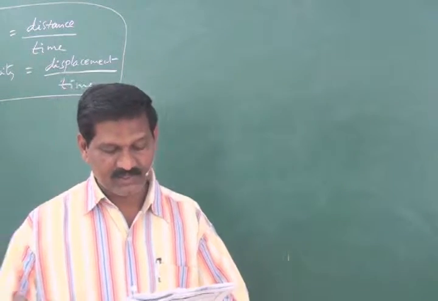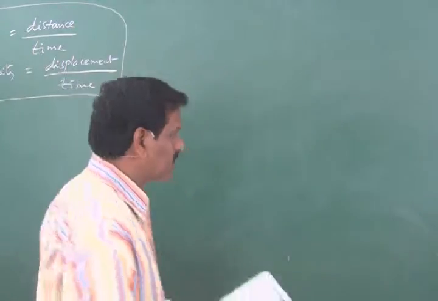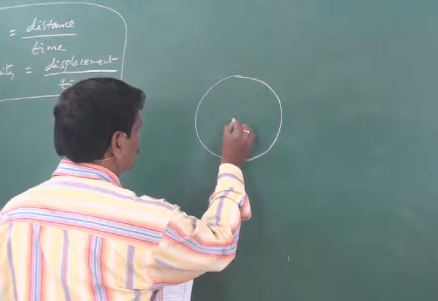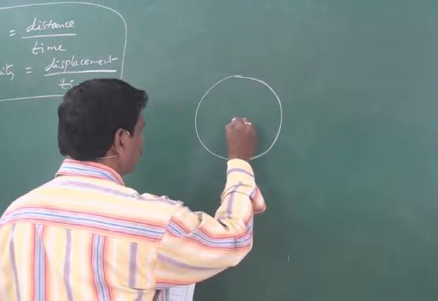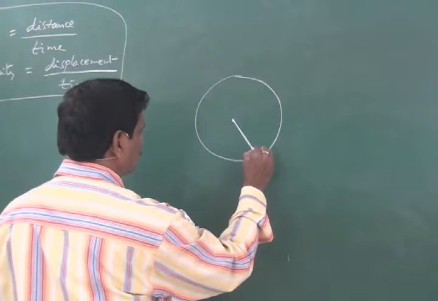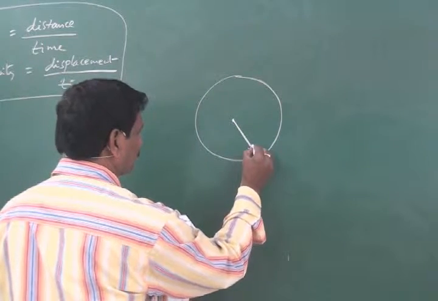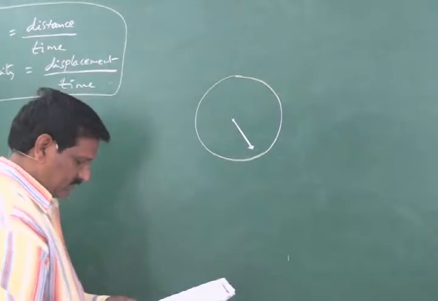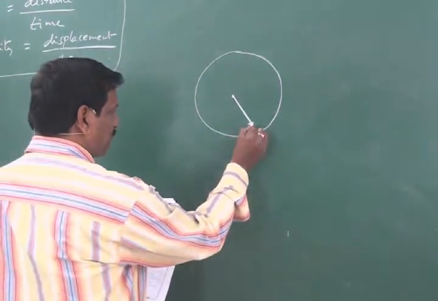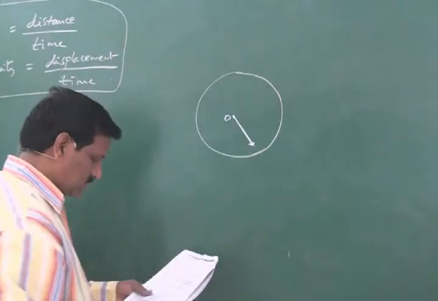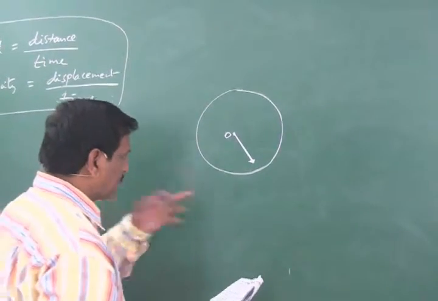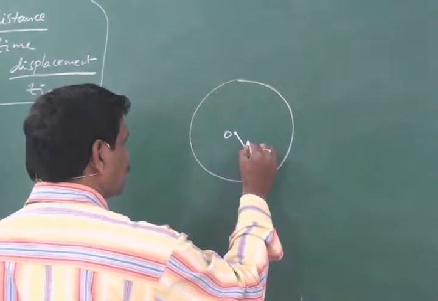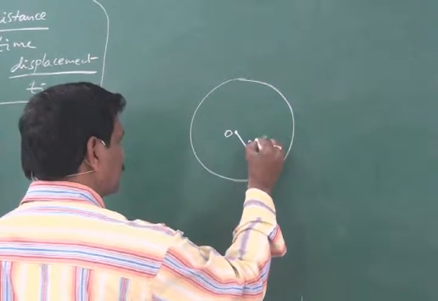This is the watch, this is the center, this is the seconds hand, this is the tip of the seconds hand, center of the watch, circular watch. And here the length is 2 centimeter.